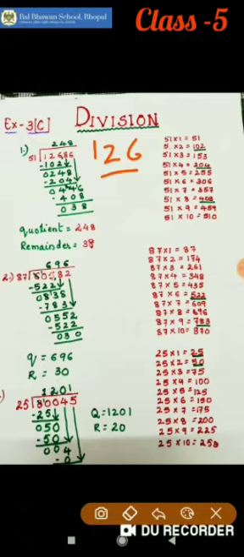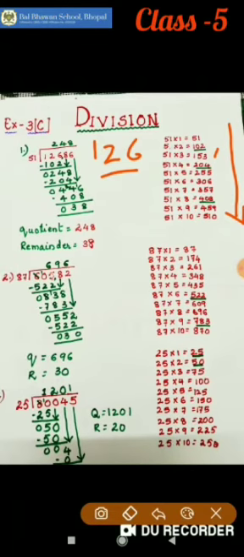So, we will see the table of 51 where we should get a number which should be equal or smaller than 126. We have to divide 126 by 51. So 1 is 51, 2 is 102 and 3 is 153, which is greater than 126.